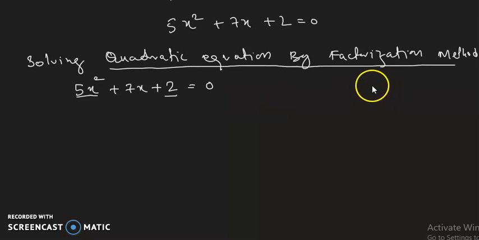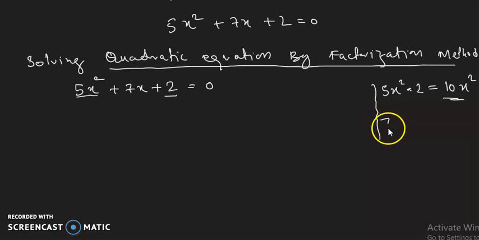On the side, in rough work, you can multiply these two terms, which equals 10x squared. So we need to write 7x as the sum of two terms in order to have their product equal to 10x squared.